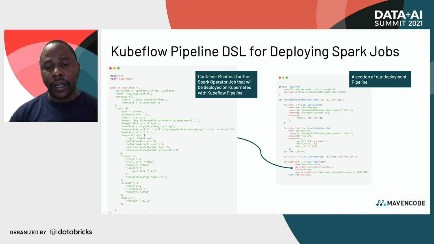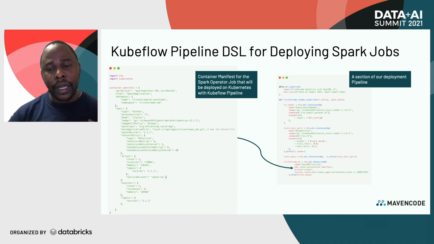Then once we've done that, the next thing is we basically create a staging area for the training data, and we now do our ML training on the clickstream data that we've prepared for training. For that, this is a YAML file on the right that basically contains the information that we saw in the previous slide.